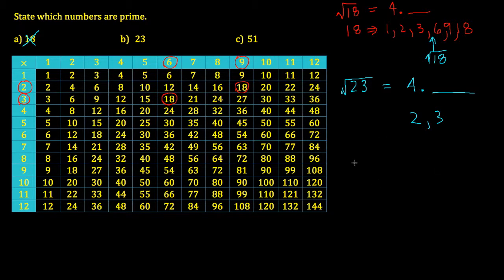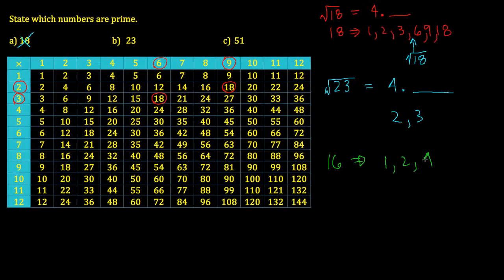Let's consider a number like 16. Well, 16 has factors that are 1, 2, 4, 8, and 16. Well, guess what, folks? That number right there, 4, is the square root of 16.